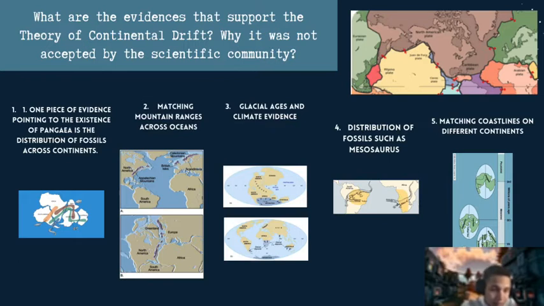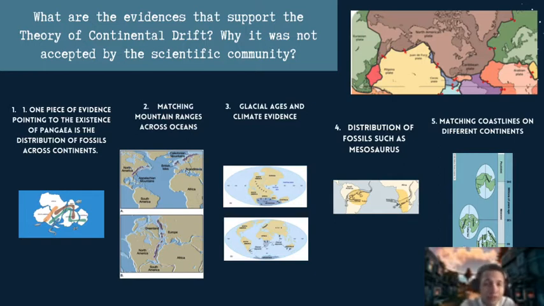Like we can see, the same animal fossil can be found in South America and also Africa. For other animals, we can see them in three continents: Africa, India, and Antarctica. So this evidence strengthens the theory of continental drift.